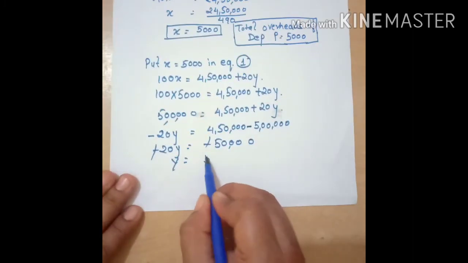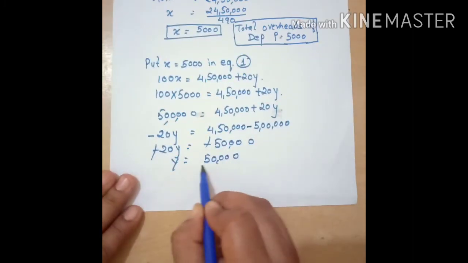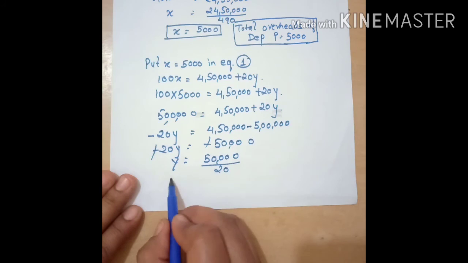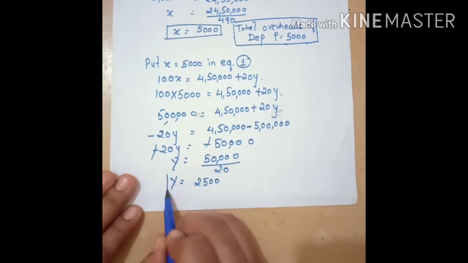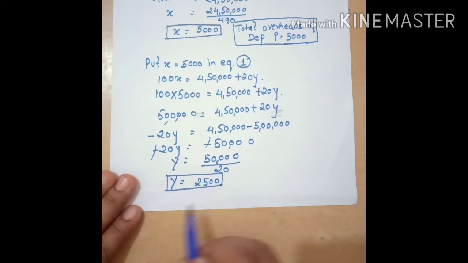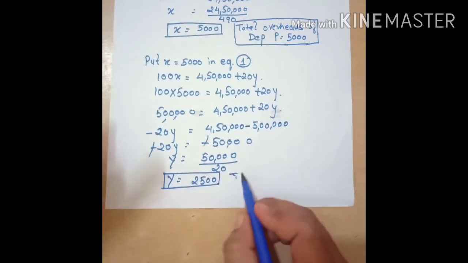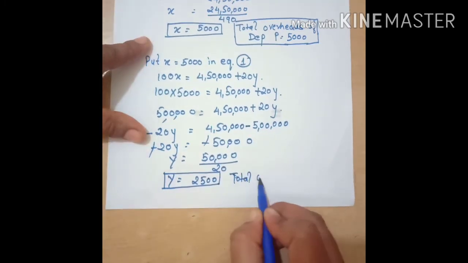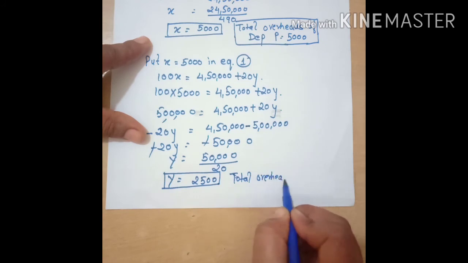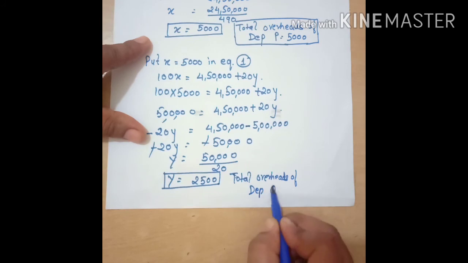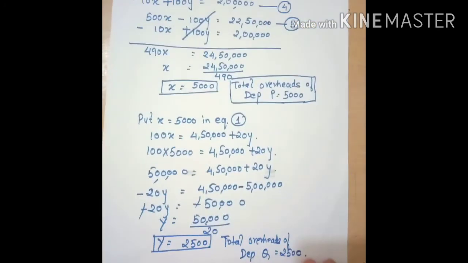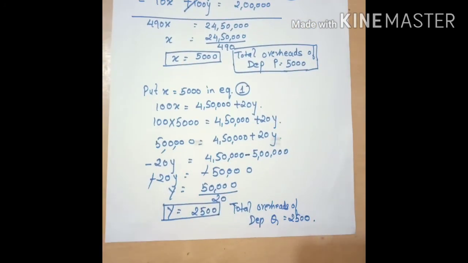Y is equal to 50,000 upon 20. So your answer is Y is equal to 2,500. Y is equal to 2,500 means the total overheads of department Q is equal to 2,500. So we get the value of X and Y.